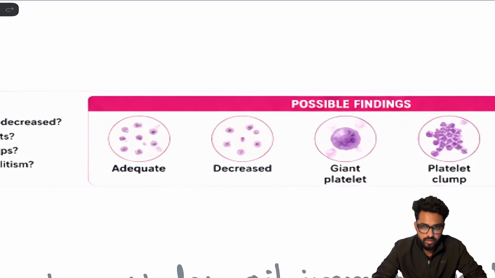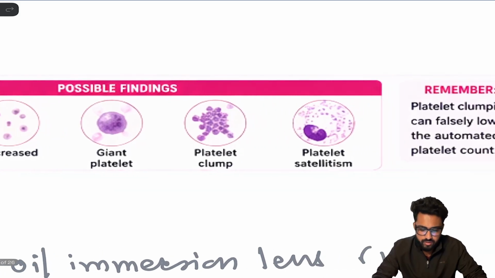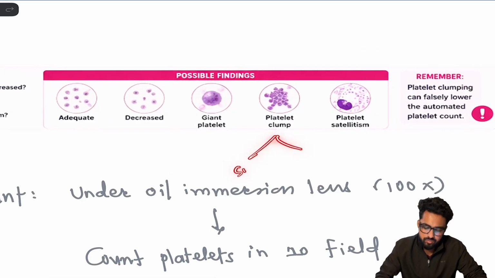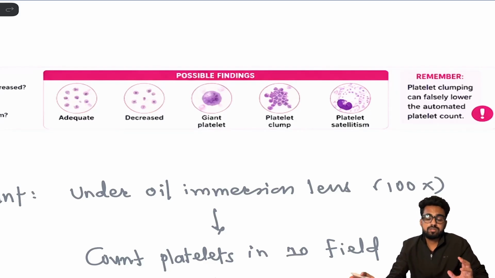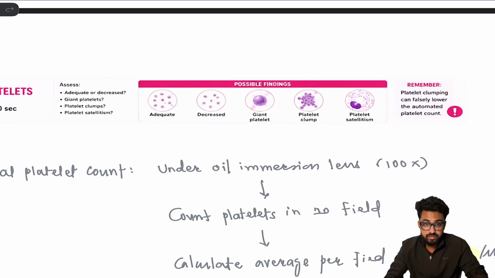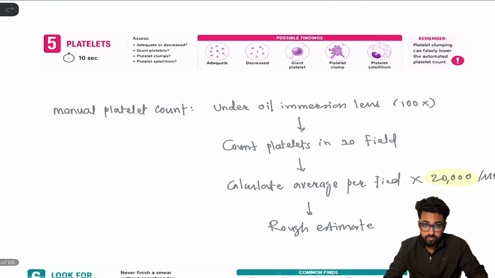So adequate or not, decreased, giant platelets, clumps or platelet satellitism. These can be small platelet clumps or large platelet clumps if you see them on the smear, and if the counter is saying low platelet count, then you can examine the smear and should comment whether the platelets are adequate or not, which is very important.